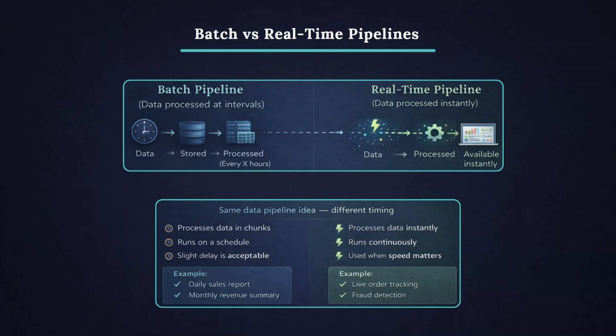They are used when data needs to be available immediately. Examples include live order tracking or fraud detection. So it's not about one being better than the other. It's about choosing the right pipeline based upon the requirements and how fast the data needs to be available.